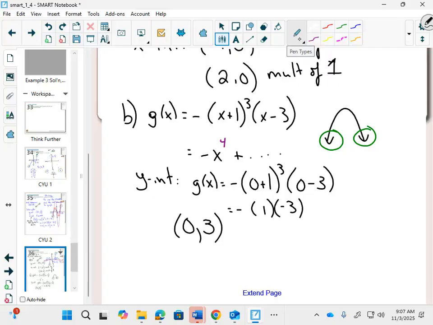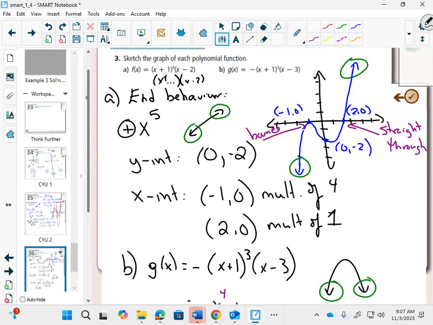They make a mental math mistake finding the y-intercept, and then when they go to graph, and this is usually a way that you can tell you screwed up. If you label your x-intercepts and y-intercepts, and you label your end behavior, and you label your bounces and straight throughs and bends correctly, and you try to graph it, and it's not possible to go through all the points and do what you're supposed to do, it means you made a mistake.